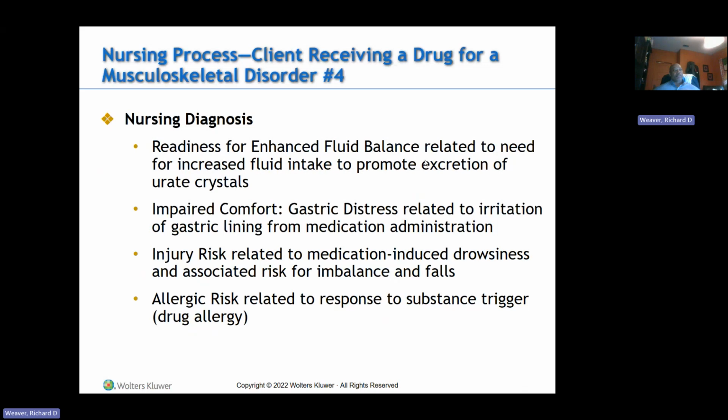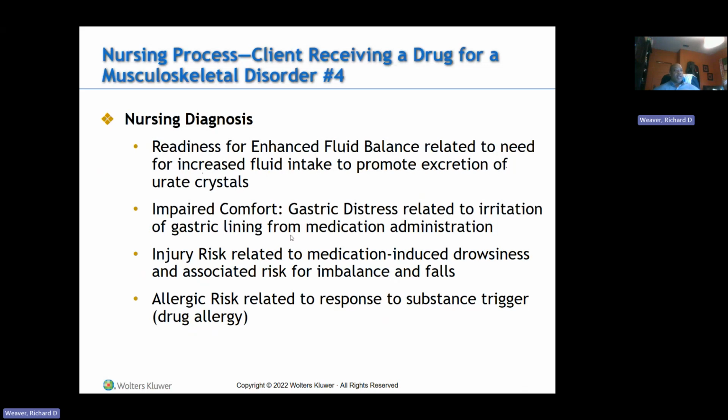Readiness for enhanced fluid balance related to the need for increased fluid intake to promote excretion of uric crystals. Some of these drugs are given to excrete more of the uric acid so that these crystals will not form. So that is an appropriate nursing diagnosis.